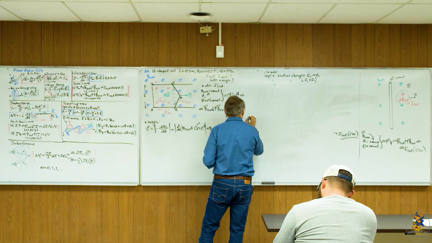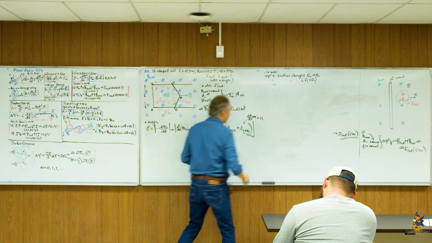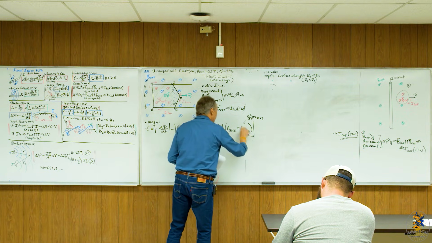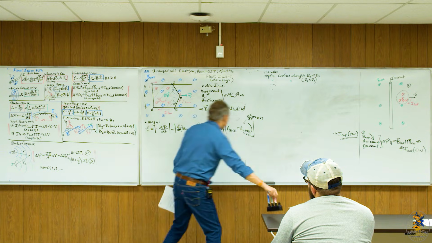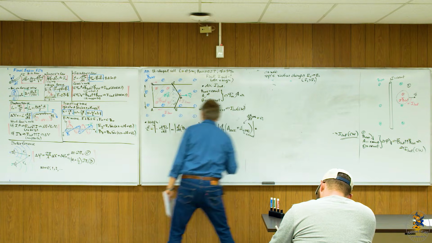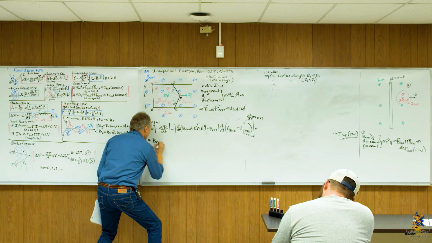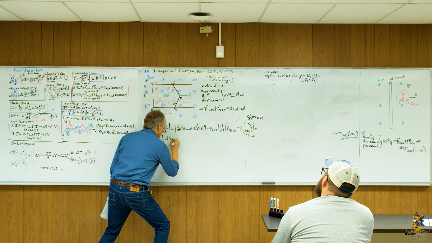So dA over dt for CDE equals 0 because it's constant. This will give us essentially 0. So as a result, we're getting B external and the area of that rectangle ABCE.